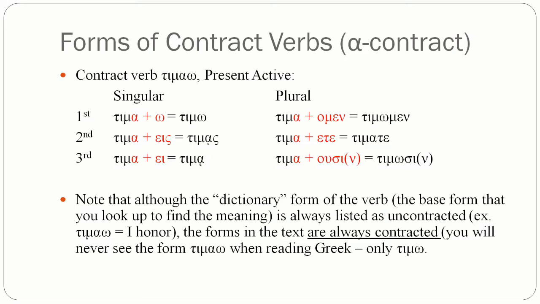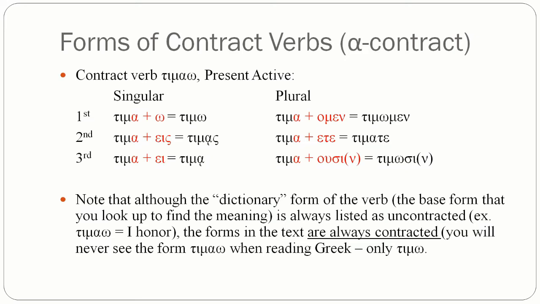So you have timao becomes timo. Second person singular, timaes becomes timas because you have alpha plus a combination with iota becomes alpha with an iota subscript. So you're left with timas with the iota subscript. Third person singular, alpha plus, again, a combination with iota becomes alpha with an iota subscript, tima.